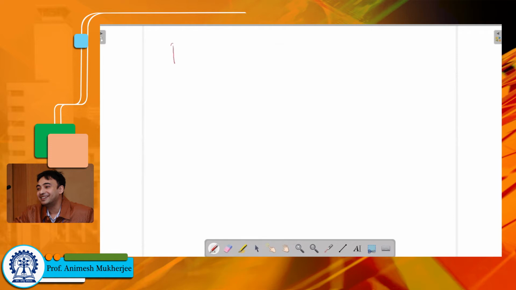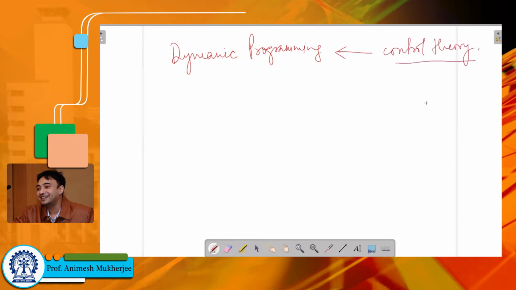So the term dynamic programming is actually borrowed from control theory, which is a very fundamental subject in the electrical engineering department.